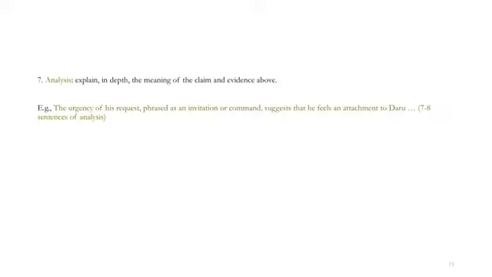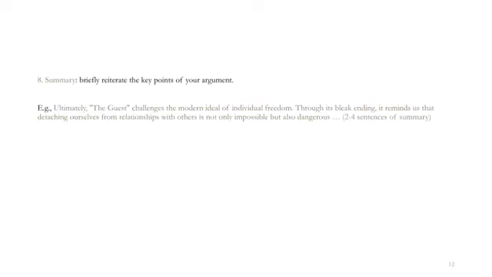But in your analysis, which is always 6 or 7 sentences, it's the bulk of your paragraph, you're going to explain the claim and the evidence. So the job of the analysis is to explain the claim and the evidence. The claim tells us what the evidence means, then we give the evidence, and then the analysis explains what the claim and evidence mean in greater detail. So that's what you do in your body paragraphs.